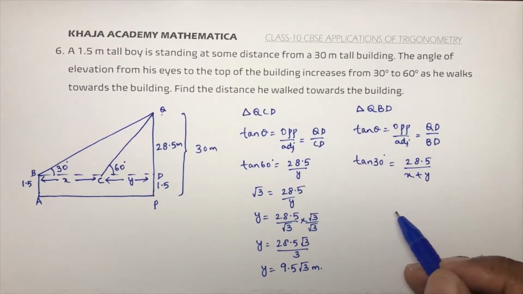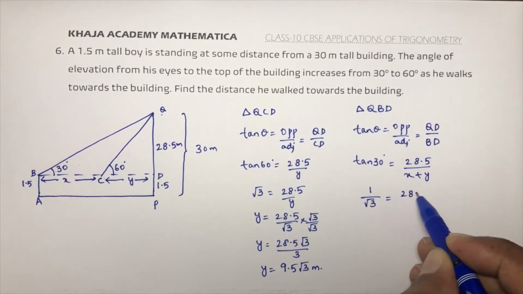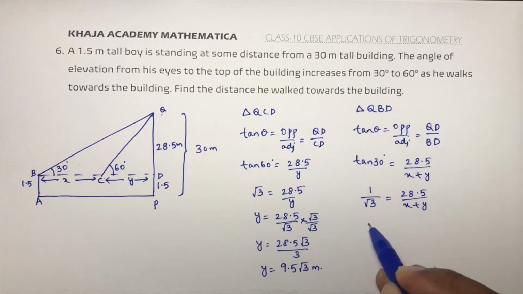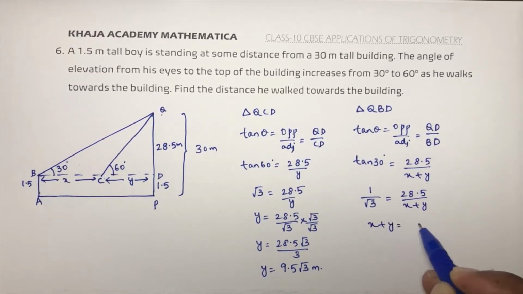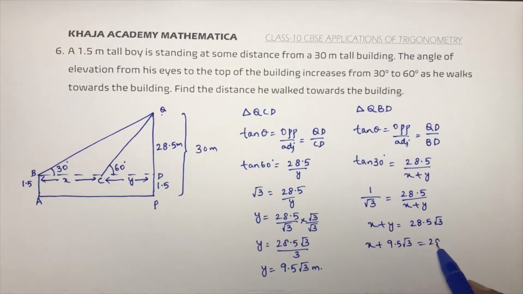Tan 30 value is 1 by root 3, so 1 by root 3 is 28.5 by x plus y. If we cross multiply, x plus y is 28.5 root 3. I need to find x, but I have the value of y. This y value I'll substitute here. X plus 9.5 root 3 is 28.5 root 3.